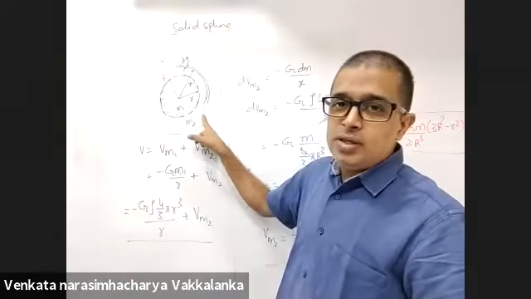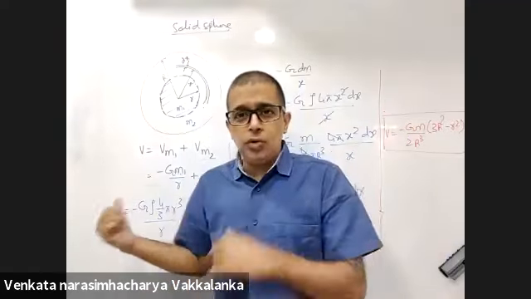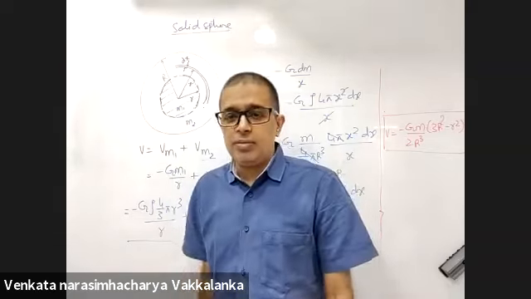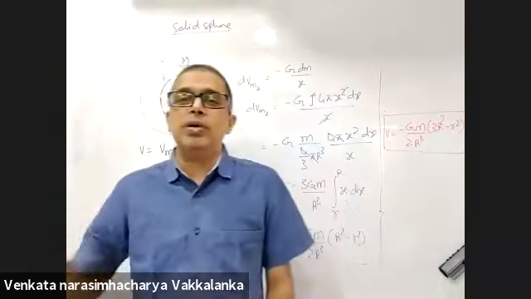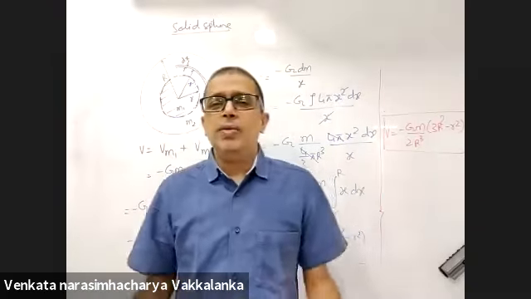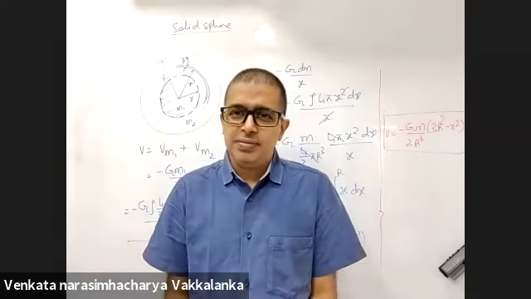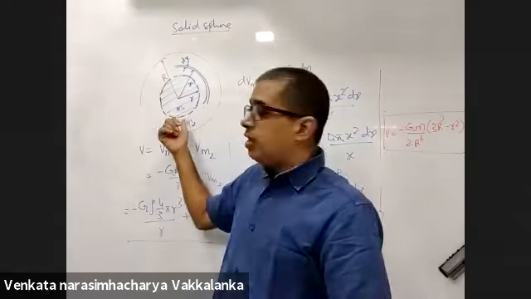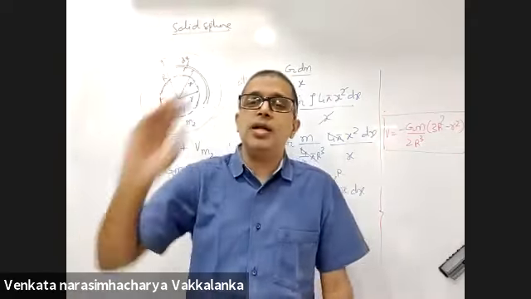Field because of this solid sphere, inside, outside, though we are writing it n number of times, you will by default remember because you will use that while solving problems. F equal to MA, you used so many times that you will by default remember. Field inside a solid sphere, field outside a solid sphere, you will use that n number of times.